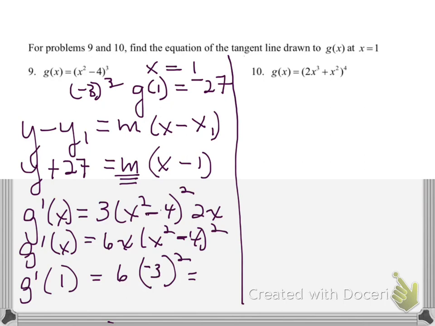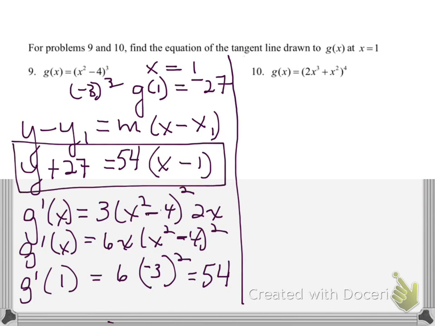And negative 3 squared is a positive 9, and 9 times 6 is 54. So where does this 54 go? It's going to go right where I have my m. So why don't we erase our m, now that I know what I'm doing, and in that spot put your 54, and here's your equation of the line, all nicely done.